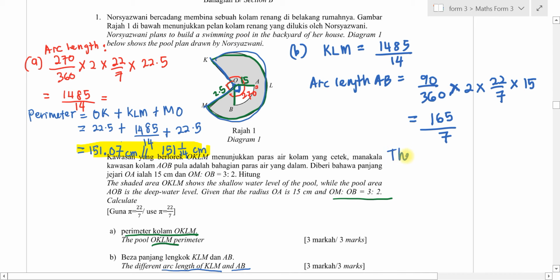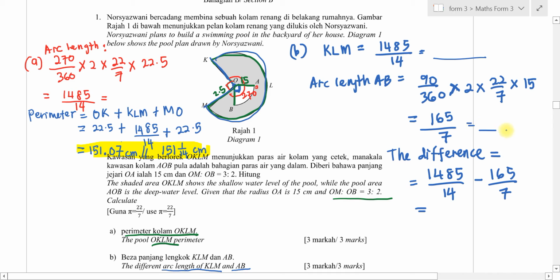So the difference equal to 1485 over 14 minus 165 over 7. Use the fractional answer, much more accurate. Kadang-kadang orang simplify this one, your final answer might be not so accurate. That's why I maintain in the fractional form first. Okay, this is the way to get the correct answer.